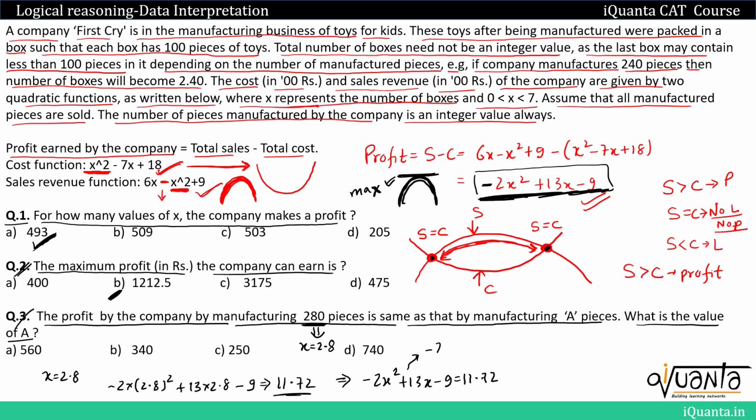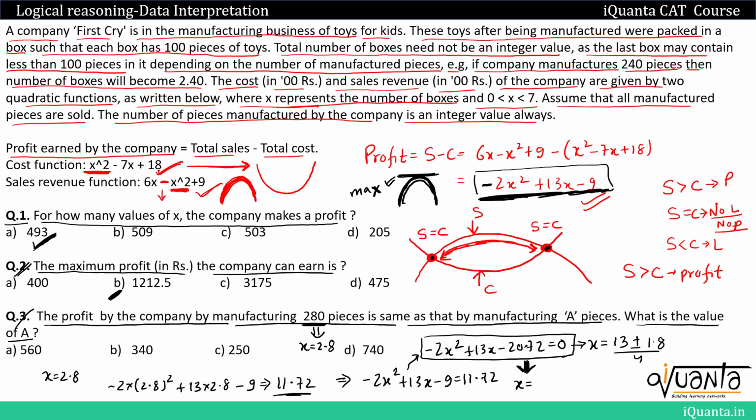When we further solve this, we get minus 2x square plus 13x minus 20.72 equal to 0. So we have this new equation with us now. So now we need to solve this equation and find out the roots of this. So when we find out the roots of this equation using the Sridharacharya formula, we get x equals to 13 plus minus 1.8 divided by 4.